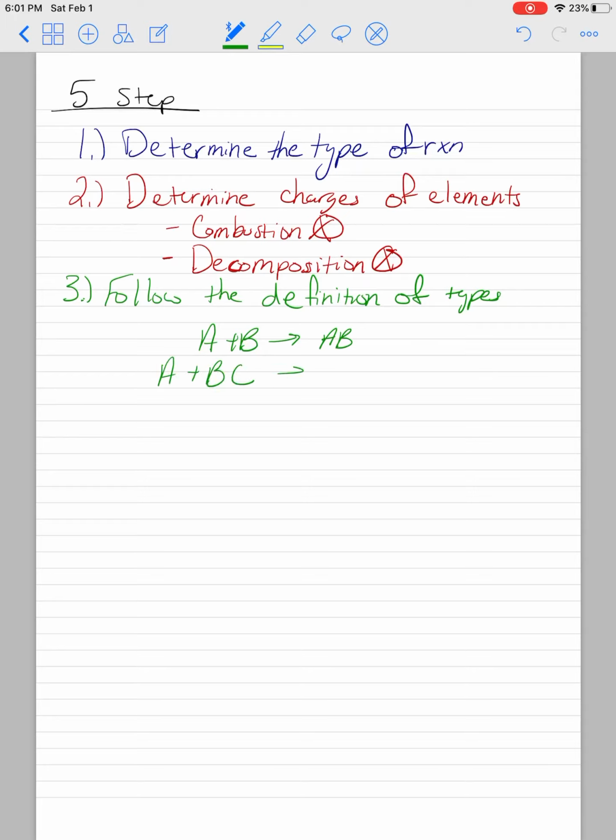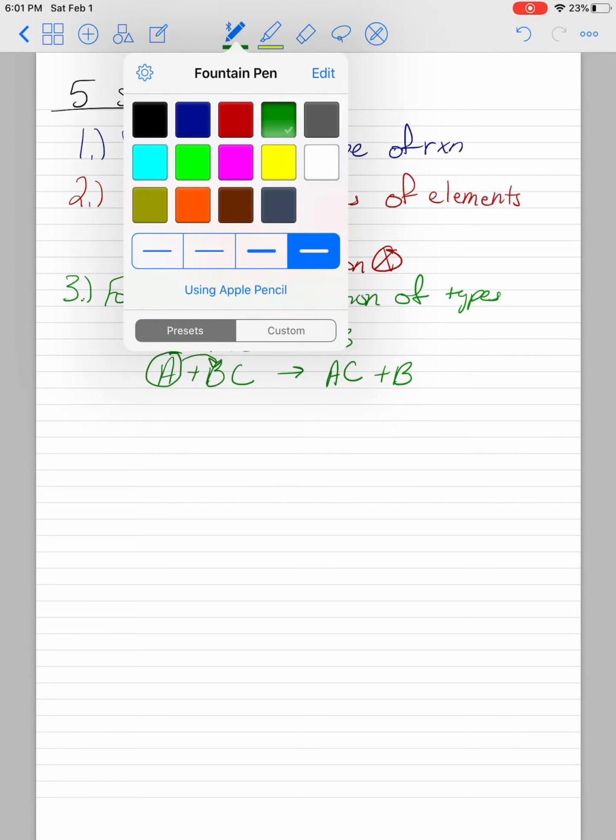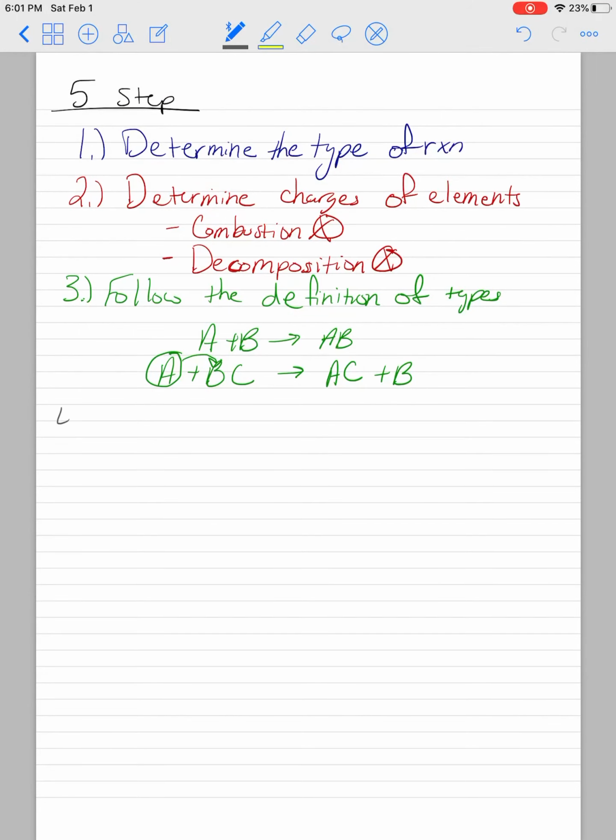If the reaction type that you identified was single displacement, then the definition of single displacement is for the singular element to replace someone in there. And of course, it replaces the element that is the same charge as it. And so you would set it up to do that. Okay? So step 3 is to follow the definition of the type of reaction that's occurring.